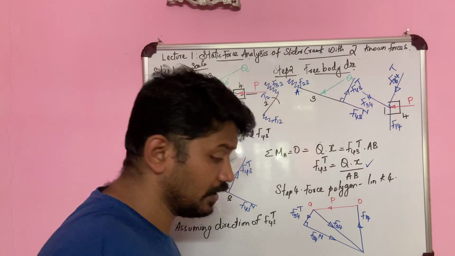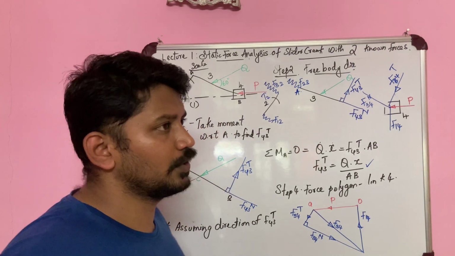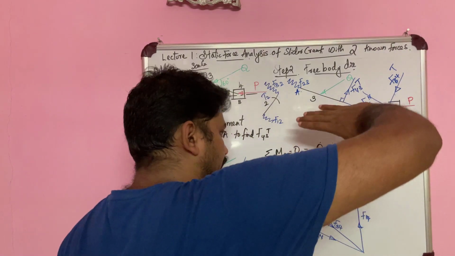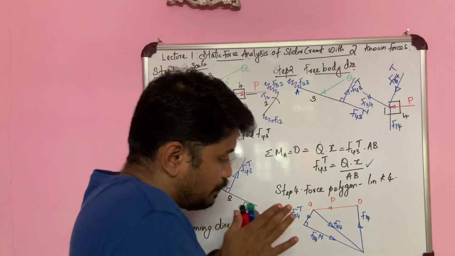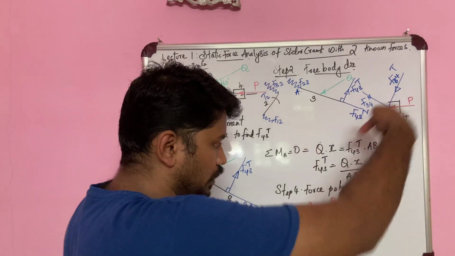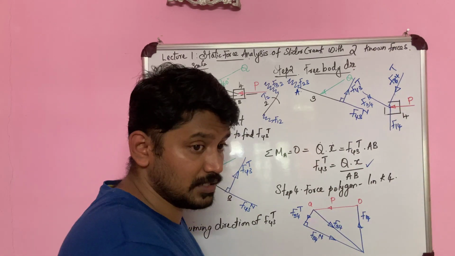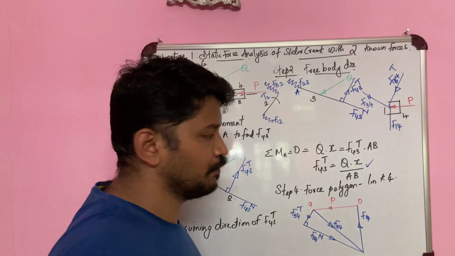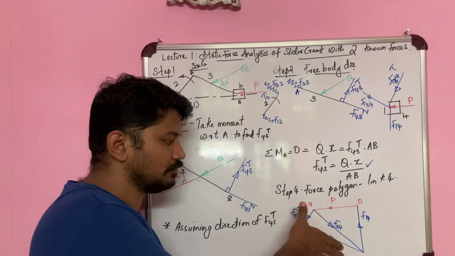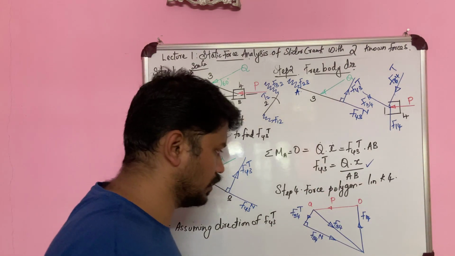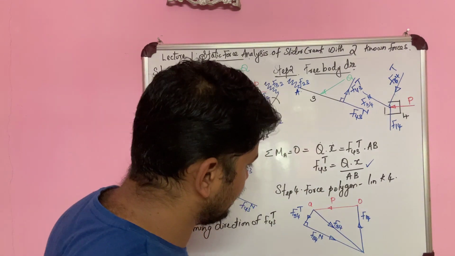You can also use common sense: if one guy is pushing from here, another guy is pushing from here downwards, eventually the body will move downwards only. So the resultant will be downwards. You can remember it like that also.